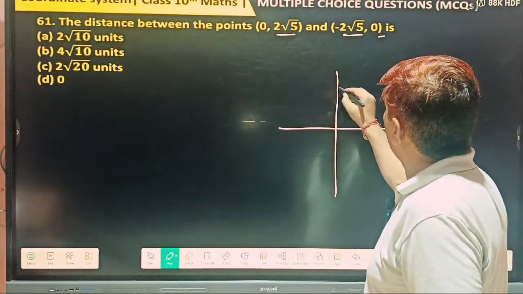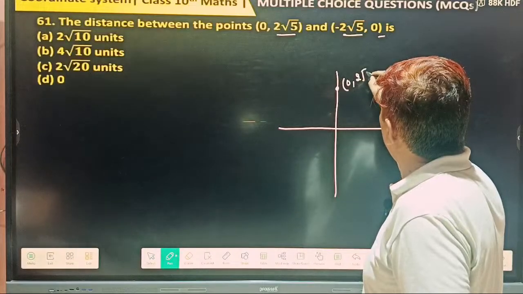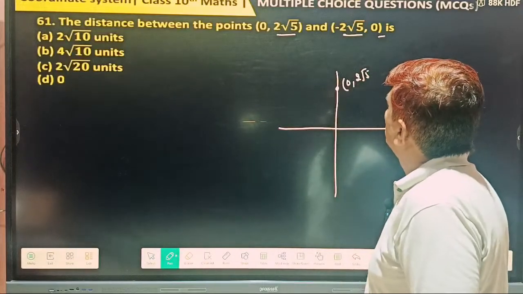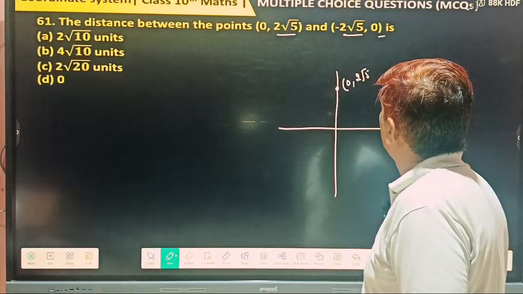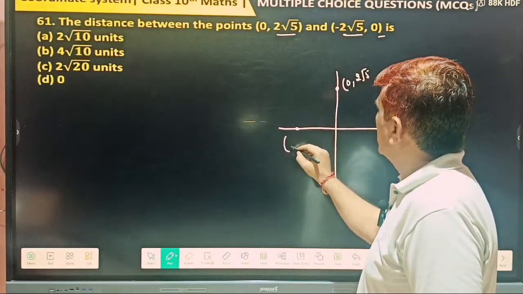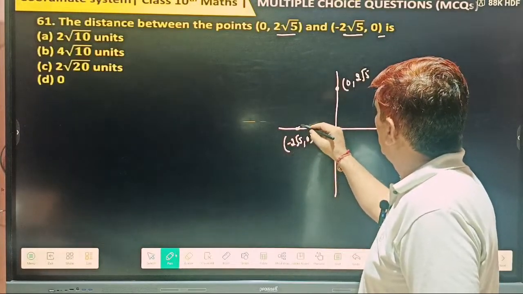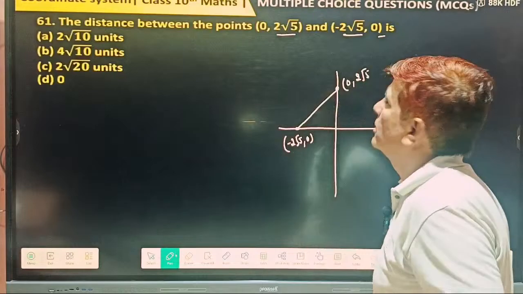One point is lying here, whose coordinates are 0, 2√5, and one point is here, whose coordinates are minus 2√5 and 0. And we have to find out this distance.